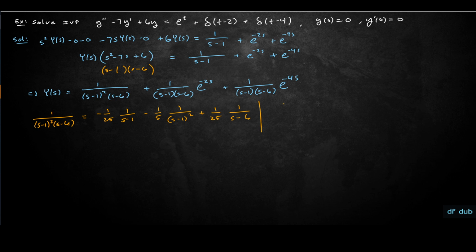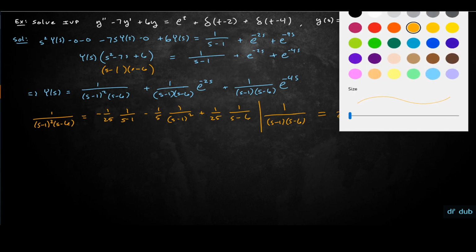And the other one, 1 over (s minus 1)(s minus 6), that decomp turns out to be, I think both are 1/5. So 1 over 5, 1 over s minus 1, plus 1 over 5, 1 over s minus 6. So that's our two partial fraction decompositions.